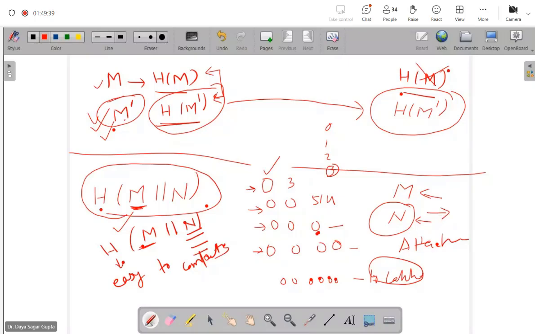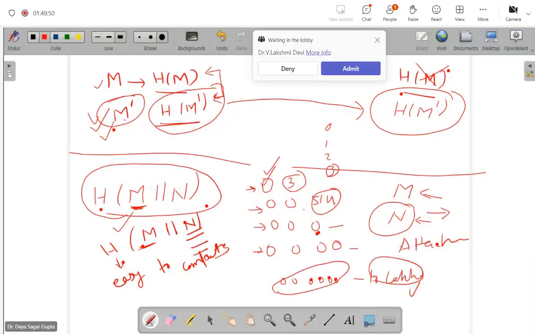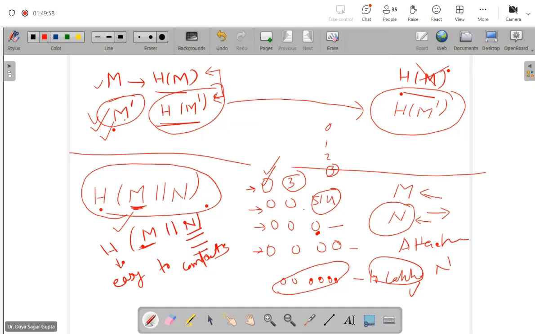It is being increased from 3 for a single 0, to 514 for the 20, and to 10 lakh for the 60. You can see the increment in the n. This 10 lakh is the value of n. So if you take a big n, it will secure your data much more.